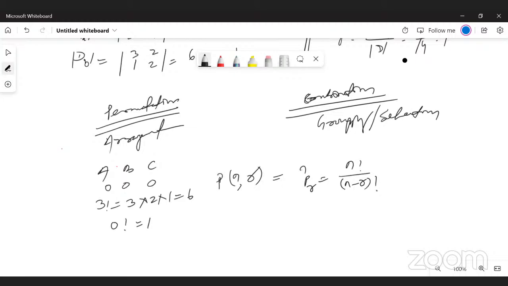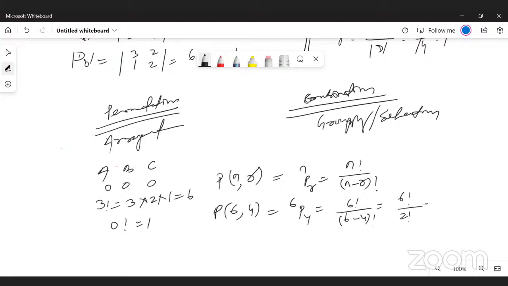Let's say 6 students are there, and we take 4 of them and arrange them. So how to do it? Let's say 6P4. 6P4 means 6 factorial divided by (6 minus 4) factorial, which is 6 factorial divided by 2 factorial.